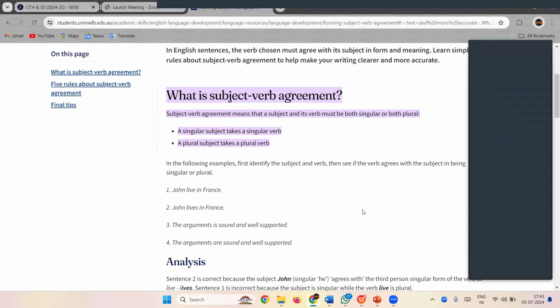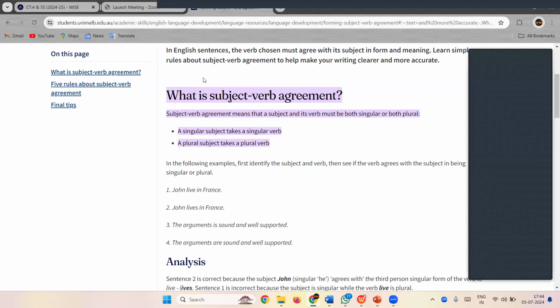Why the fourth one is correct and not the third one? Ma'am, we should add S for arguments.